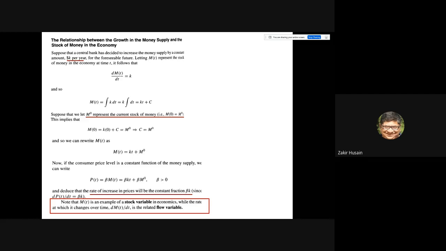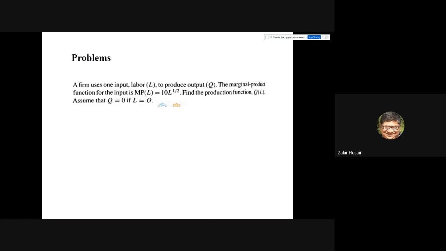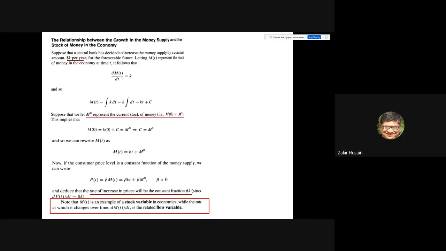Similarly, we can find out the inflation. The consumer price level is a constant function of the money supply. We can write Pt is equal to beta into Kt plus beta into M0, where beta is positive.